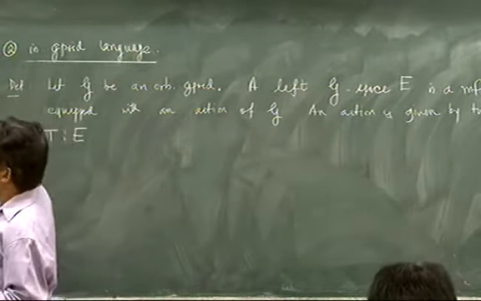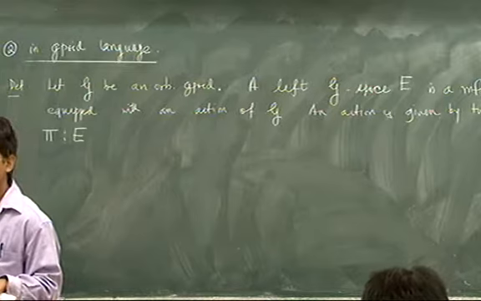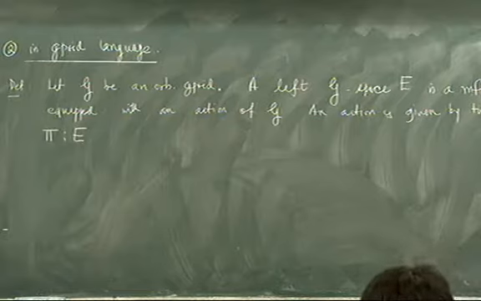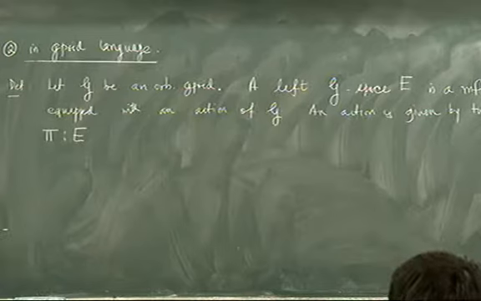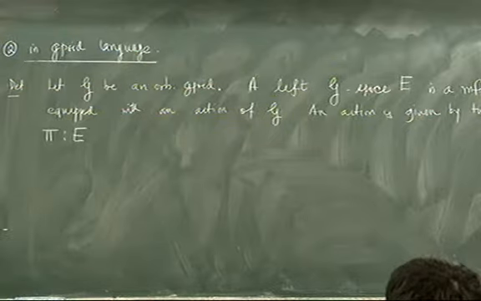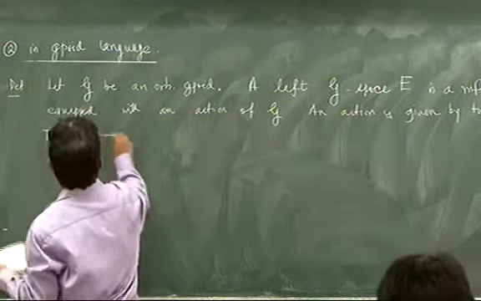From the total space of the vector bundle, you have a projection map to U tilde. That would be replaced by G naught. U tilde plays the role of G naught.